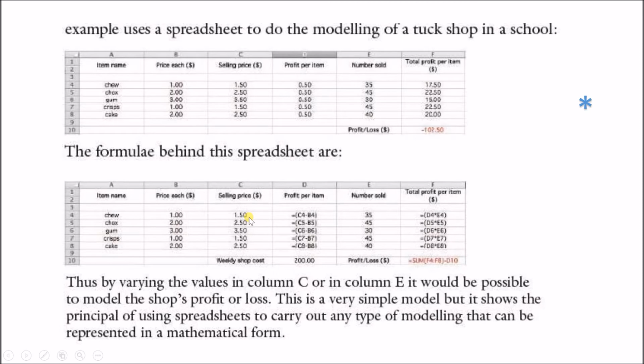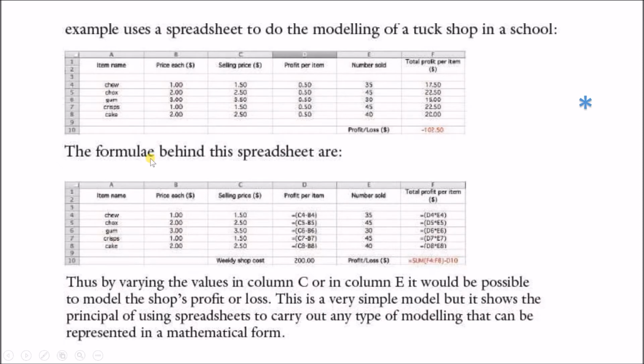Now, this is an example of a spreadsheet. It is talking about a tuck shop in a school. Now, this is the spreadsheet. Have a look at the item name, the price for each of these items, the selling price, the profit of each one of these items, the number sold by this day or this week, the total profit in this item, and also the profit or the loss for all.